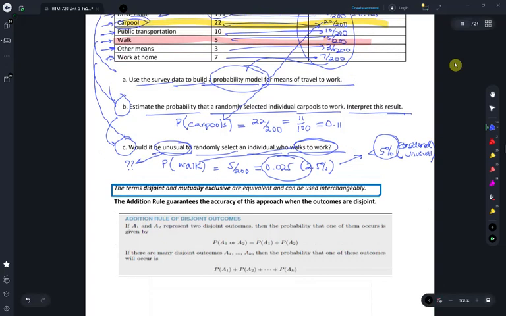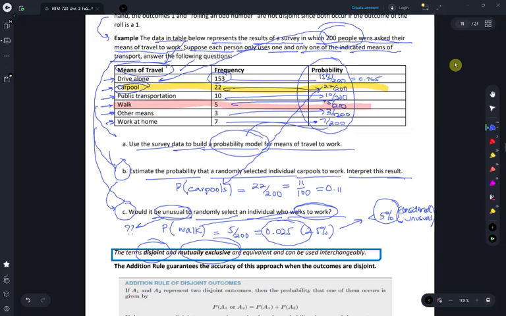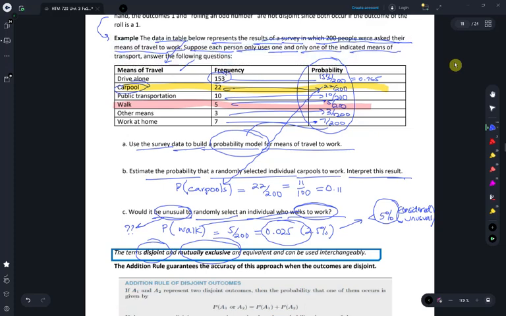All right? When we want to compute probabilities for disjoint or mutually exclusive events, how do we go about it? Remember that in this context, we were told that one person uses one and only one means of transportation.